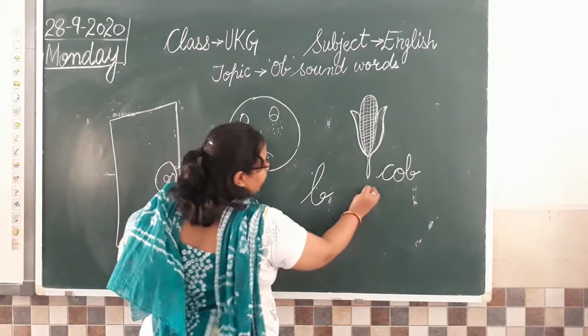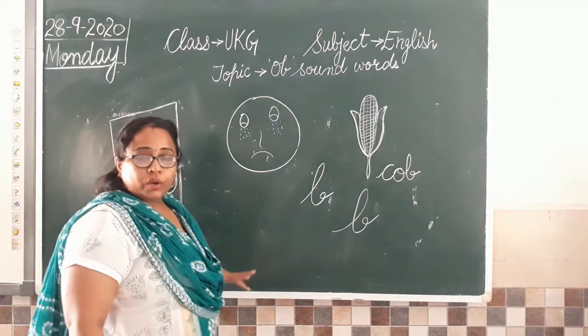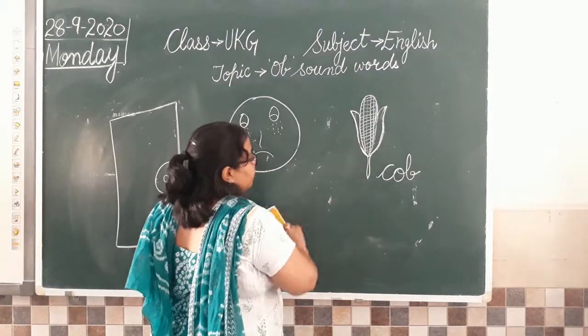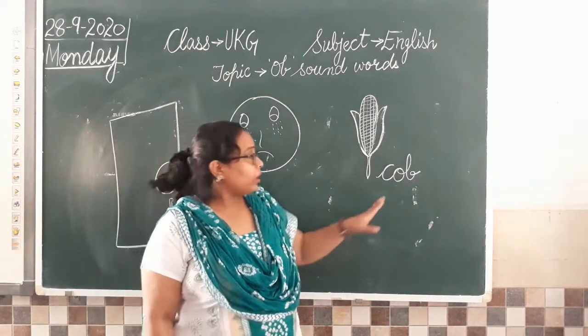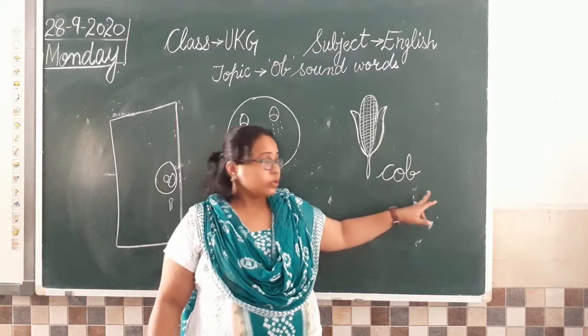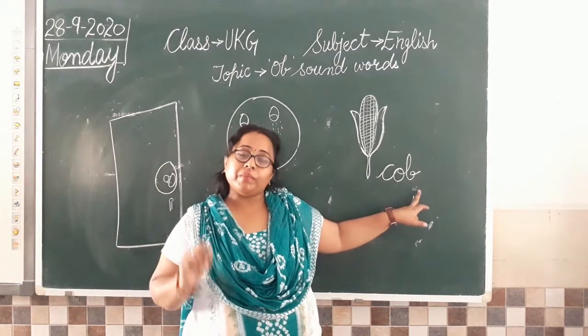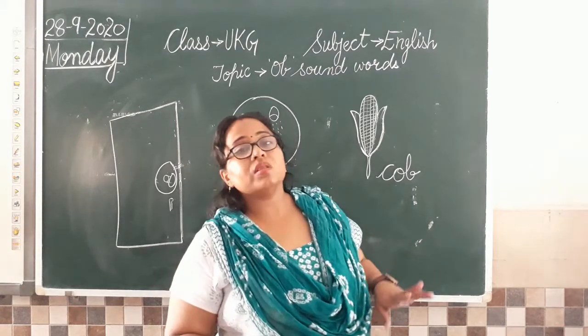L की तरह आपको आप बनाना है, but there will be a loop here. This is how you are going to do the formation of alphabet B. Because ob sound है, everywhere you have to write B, ob, b, ob. So B will be in every word. Please be very careful while making this formation. Clear? Okay. So one is cob.